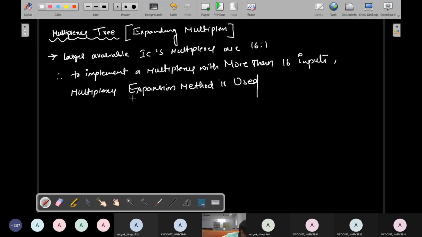Understand? It is a useful method to expand. So this is known as multiplexer tree.